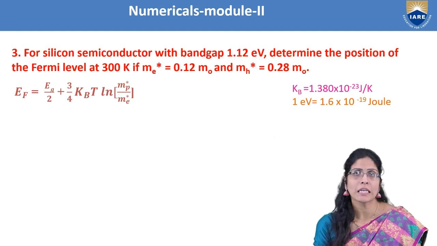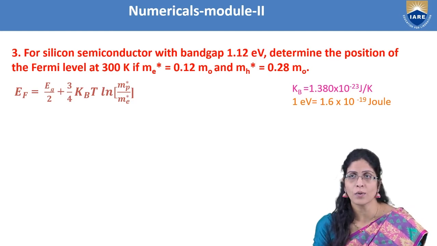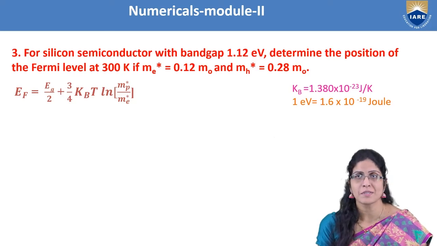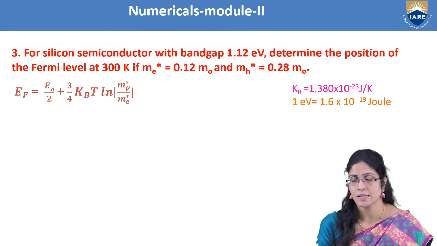So please convert kB, which is 1.38 into 10 to the power of minus 23 joules, into electron volt. That's all. If you are substituting MP star as 0.28 m0 and ME star as 0.12 m0, the m0s get cancelled and you are left with some numerical value. Take the logarithm of it and just simplify it.